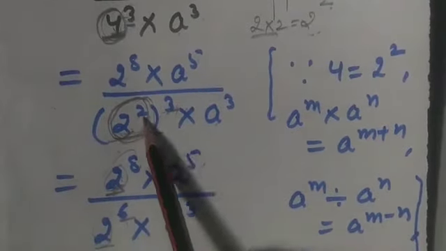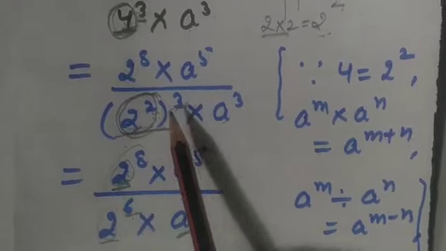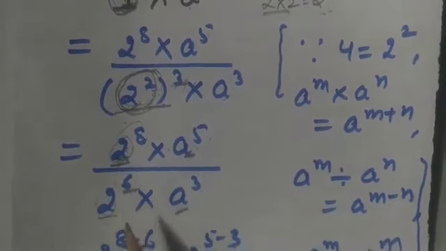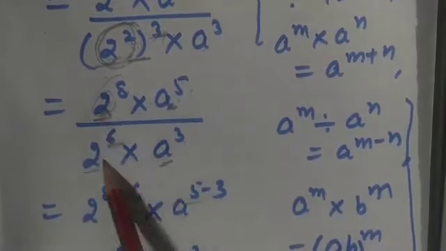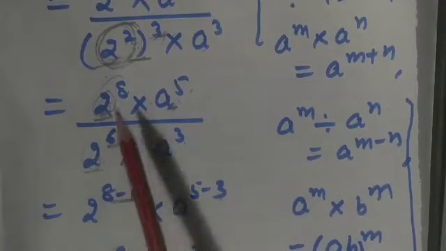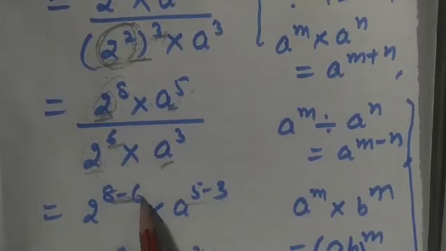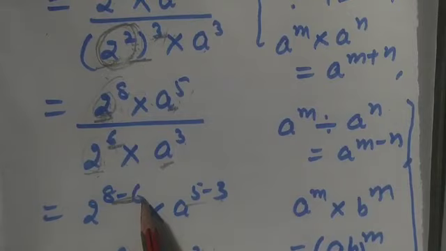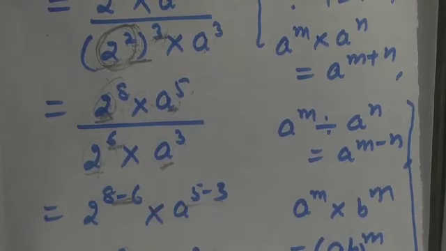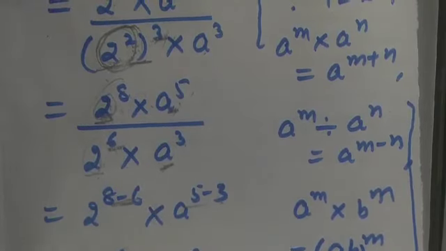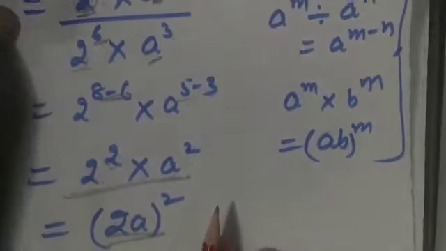Now power to the power, they get multiplied, so this I have multiplied. Then again I have applied the law of exponent, that is in division, and we are having same base, then the powers get subtracted.